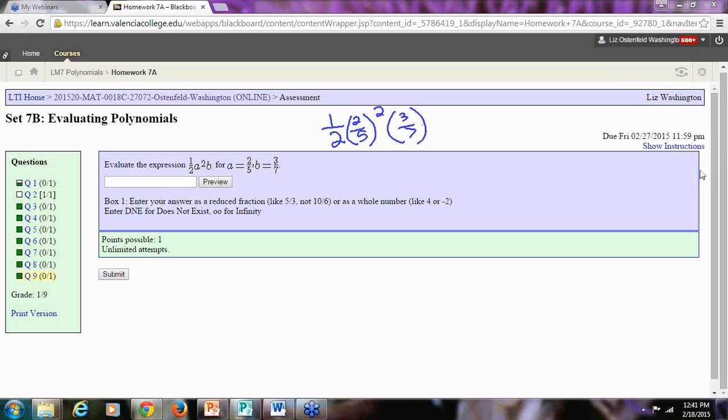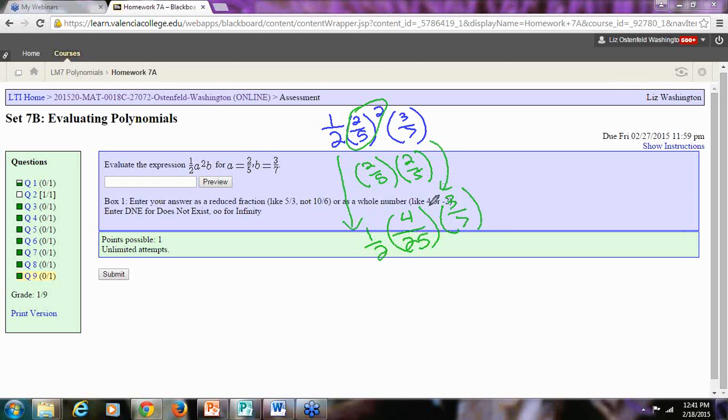So now I'm just going to go ahead and multiply everything. 2 over 5 is being squared, so that means 2 over 5 times 2 over 5, which happens to be 4 over 25. Going to get multiplied by the 1/2 that was in the original and 3 over 7.